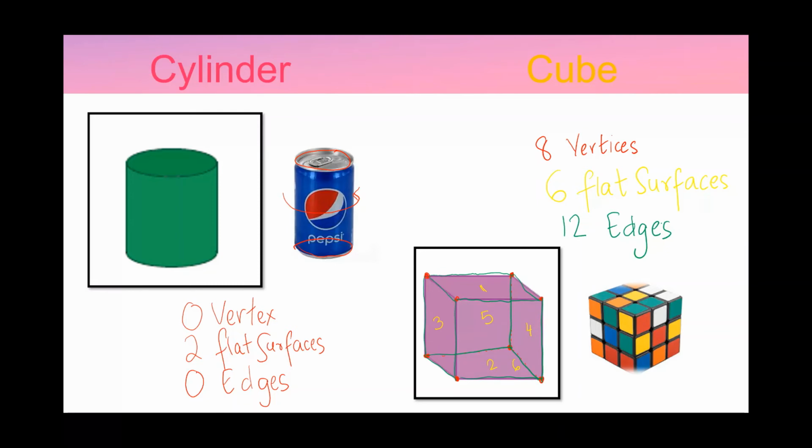Okay, do you understand? A cube has 6 flat surfaces, 8 vertices, and 12 edges.